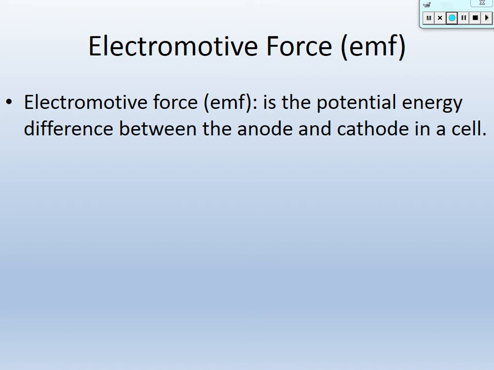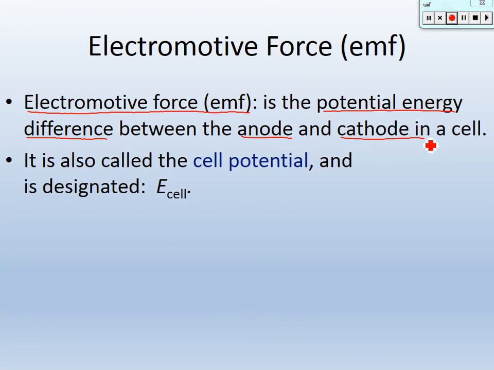Let's start here with our notes. You're supposed to write down the definition of this term, electromotive force, abbreviated EMF. It is the potential energy difference between the anode and the cathode in a cell, and that will determine our voltage. It's also called the cell potential, which is what I will refer to it as in class.